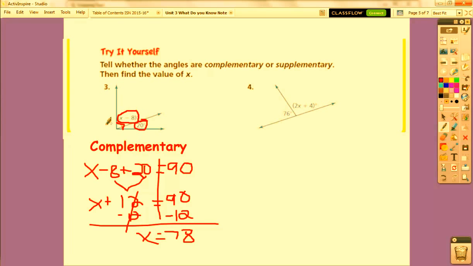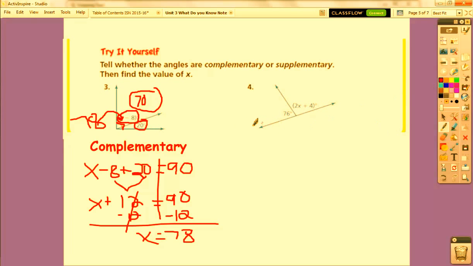So if I were to plug in right here 78, that would say 78 minus 8, which is 70 degrees. This angle right here is now 70 degrees, which makes sense because 70 plus 20 is 90 total degrees.